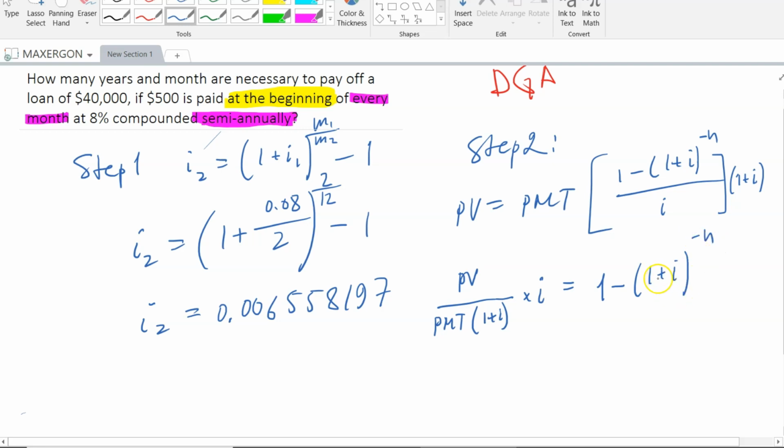Then we'll use some algebra to move 1 plus I exponent minus n to the left side to get rid of the negative sign in front of it. And then we'll move what is now on the left side to the right side. So it will result in the following.